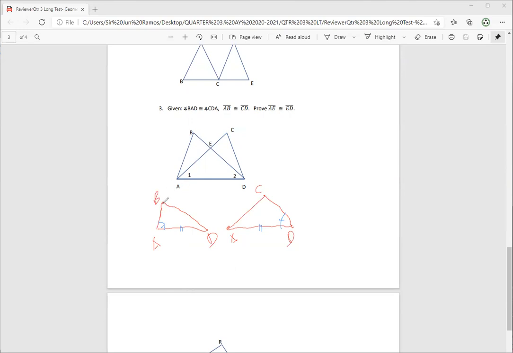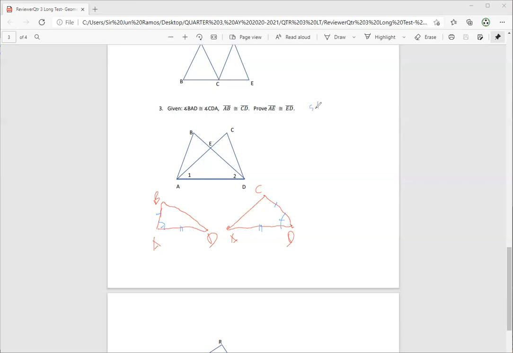Now, is this going to be an SAS or ASA? We don't know angle 1 and angle 2, we don't know what they are. So we probably would go to this side. AB, now that's given. AB here is congruent to CD. So we have now the ingredients of two triangles congruent.